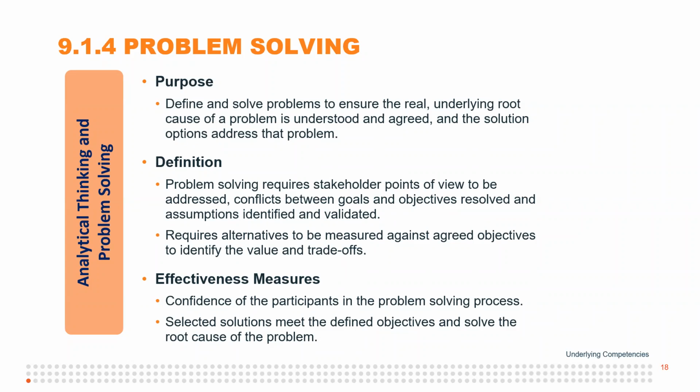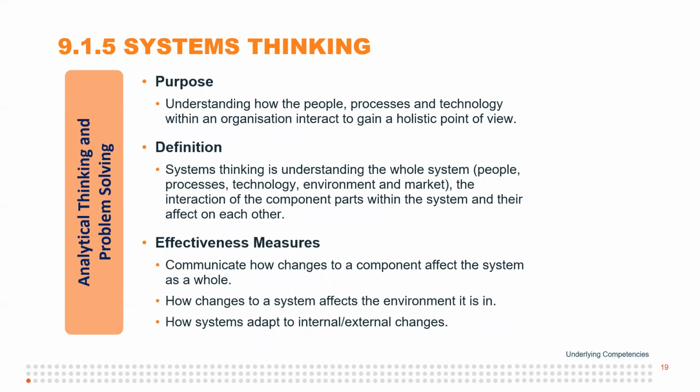So a lot of that is that the solution actually does fix the problem, and you demonstrate that. And then that gives the participants even more confidence in the problem solving process. So anyway, and then the next one is systems thinking.